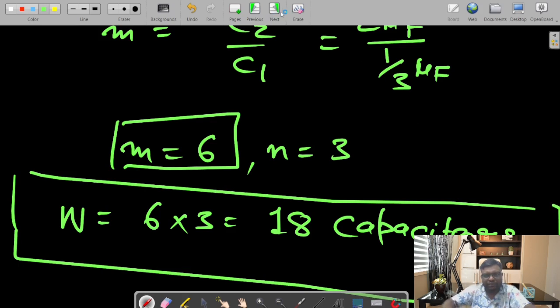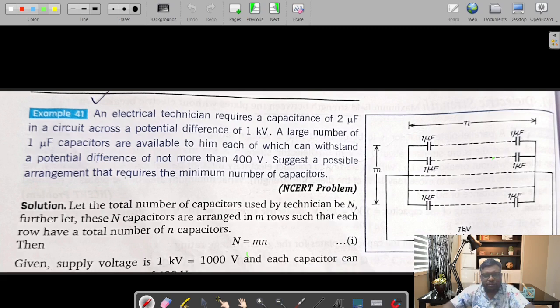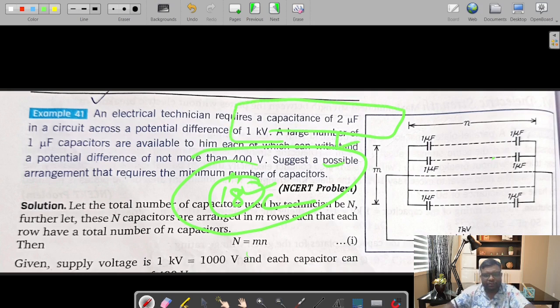So this was a little bit tricky problem, but if you solve this problem, you will enjoy. So here we have got the minimum number of capacitors, and it is 18. So 6 rows are needed for this, and in each row 3 capacitors are connected, and the total is 18 capacitors, and it will give a capacitance of 2 microfarad, and this was the problem.